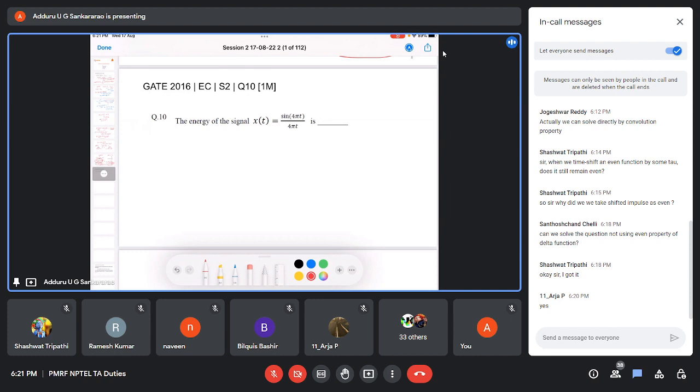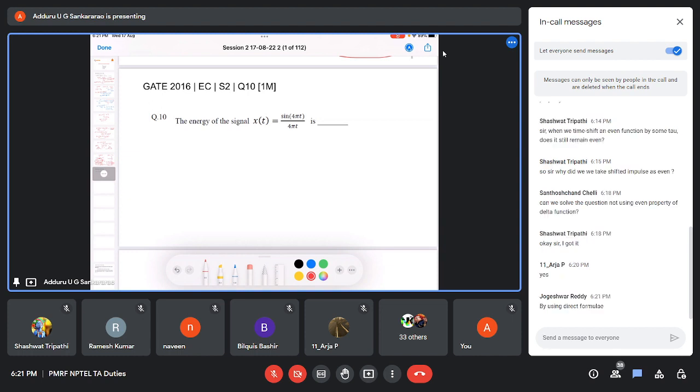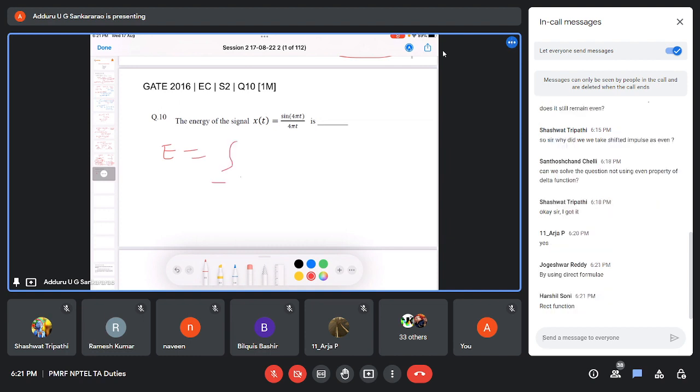So can somebody unmute and tell me how we can calculate the energy of a signal? Okay, by using the direct formula. So let us say energy of x of t is minus infinity to infinity x of t whole square into dt, right?